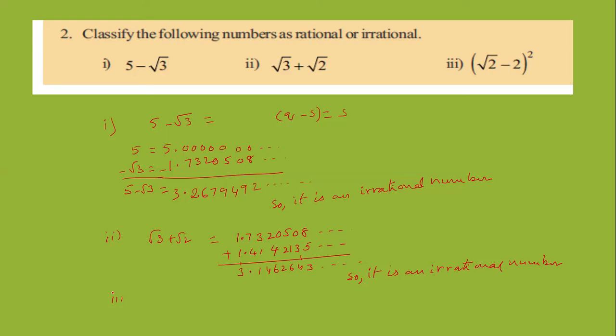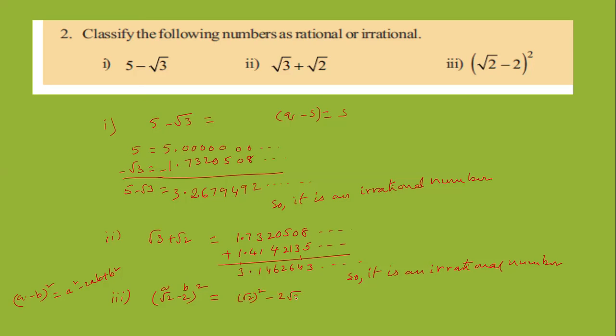Now you may do the third one: root 2 minus 2 whole square. It looks like (a minus b) whole square, which equals a square minus 2ab plus b square. Here the first term is taken as a and the second term 2 is taken as b.